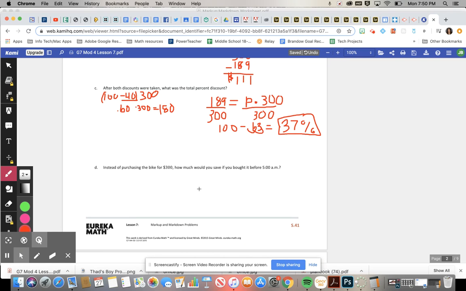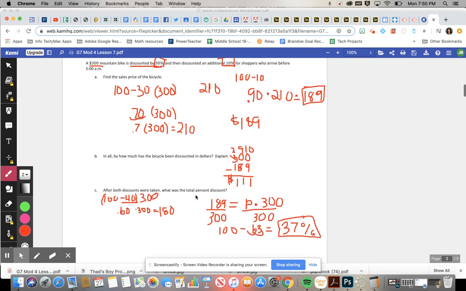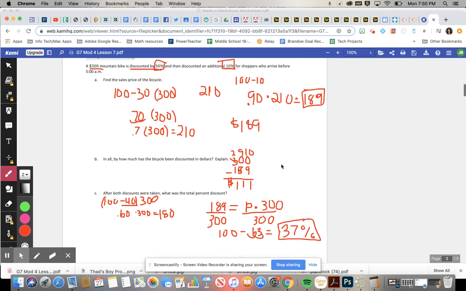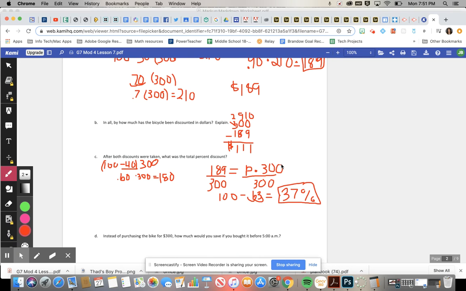Okay, D says, instead of purchasing the bike for $300, how much would you save if you bought it before 5 a.m.? Well, we've already kind of done the math for this. If we bought it before 5 a.m., we get the 30% plus the additional 10%. And the question is, how much would you save if you bought it?